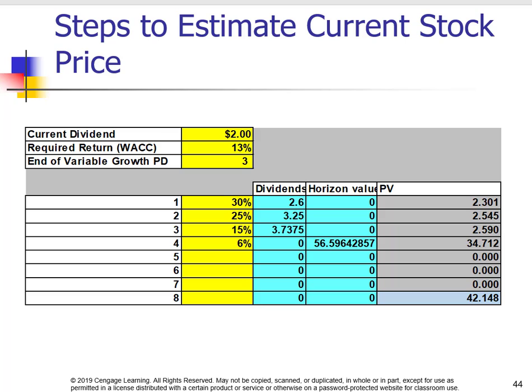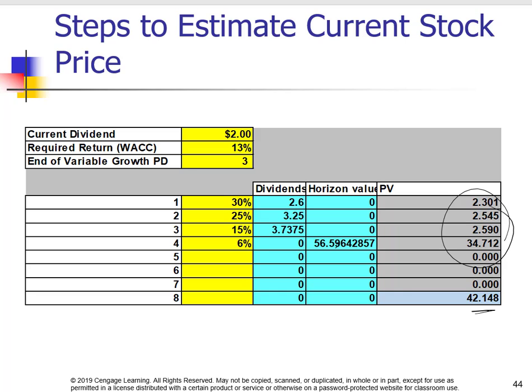You put in the current dividend, the required return, and the end of the variable growth period. Put in your growths that you expect. And again, it will calculate the dividends, the future price, then it will calculate the present values and give you a sum.